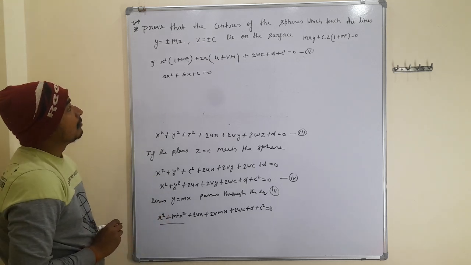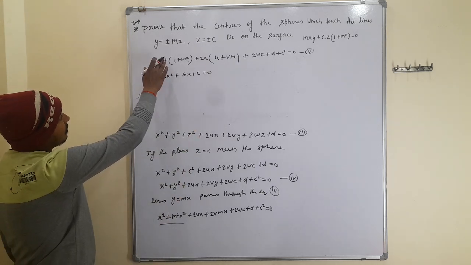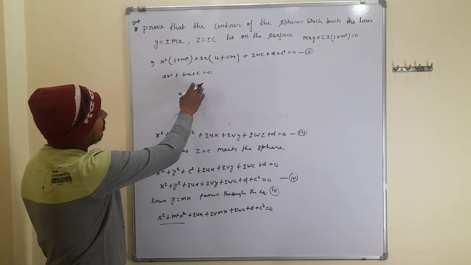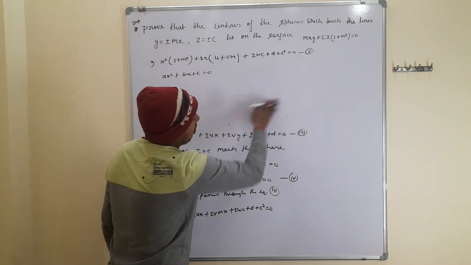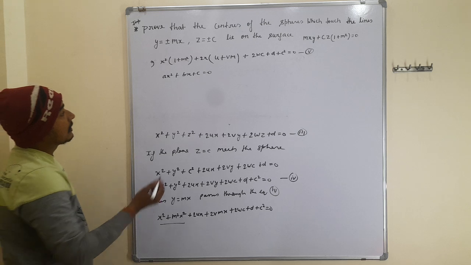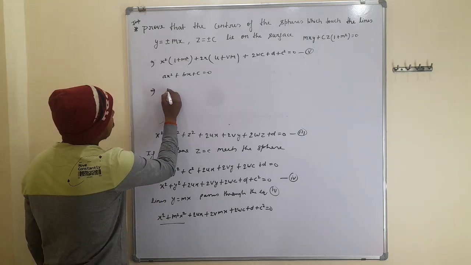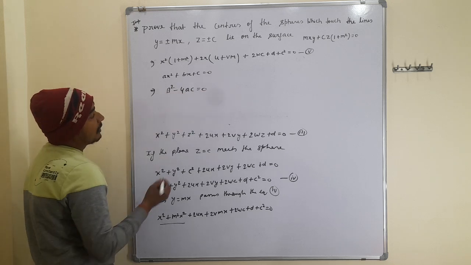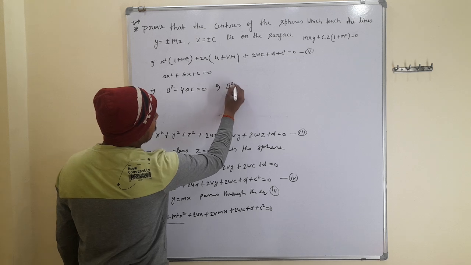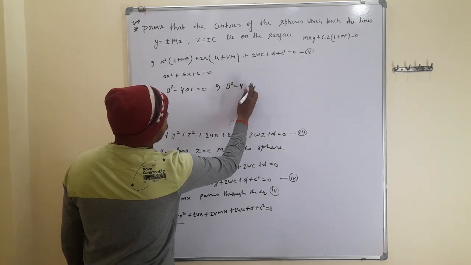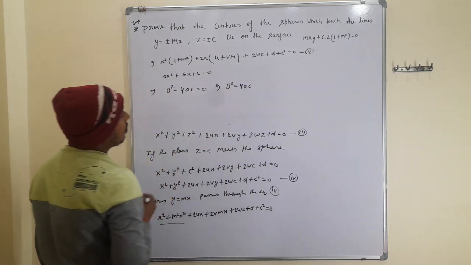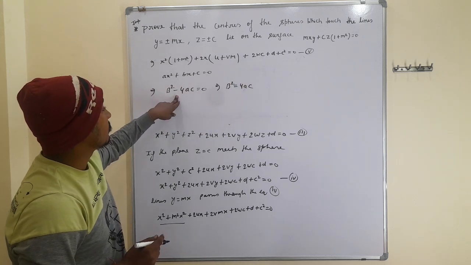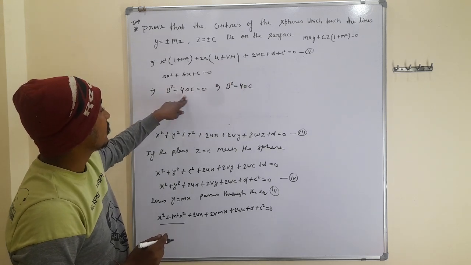If the line touches the sphere, meeting the lines y equals plus or minus mx and z equals c, then the roots of the equation are given by b square minus 4ac equals 0, and we can also write b square equals 4ac.